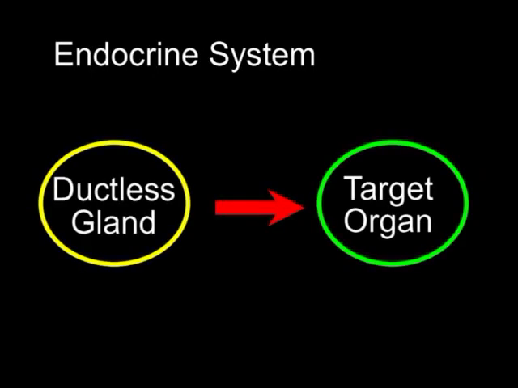In the human body, the endocrine system consists of a number of ductless glands producing their specific hormones. Because these hormones are carried to their target organs by the bloodstream, the endocrine organs or glands are richly supplied with blood vessels.